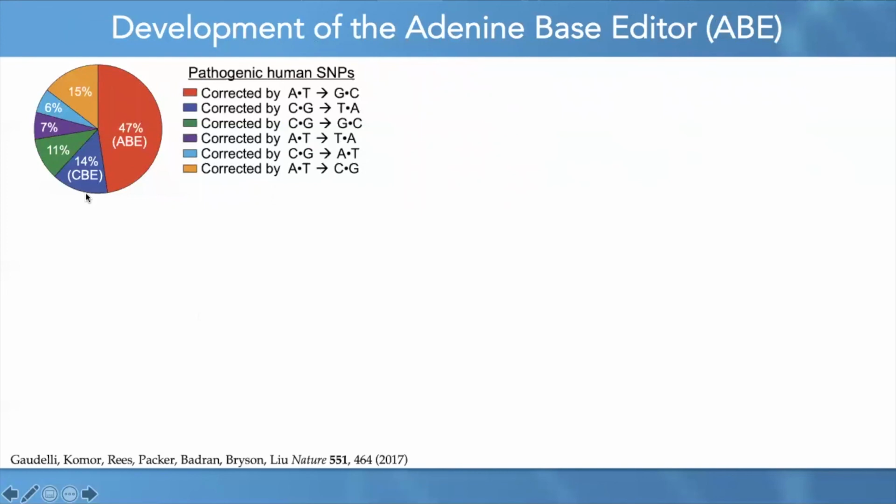However, the majority of disease-associated point mutations are corrected instead by converting an AT base pair to a GC base pair, the opposite edit to what a cytosine base editor installs. In 2017, a team led by former postdoc Nicole Gaudelli, now a director at Beam Therapeutics, developed adenine base editors, or ABEs.